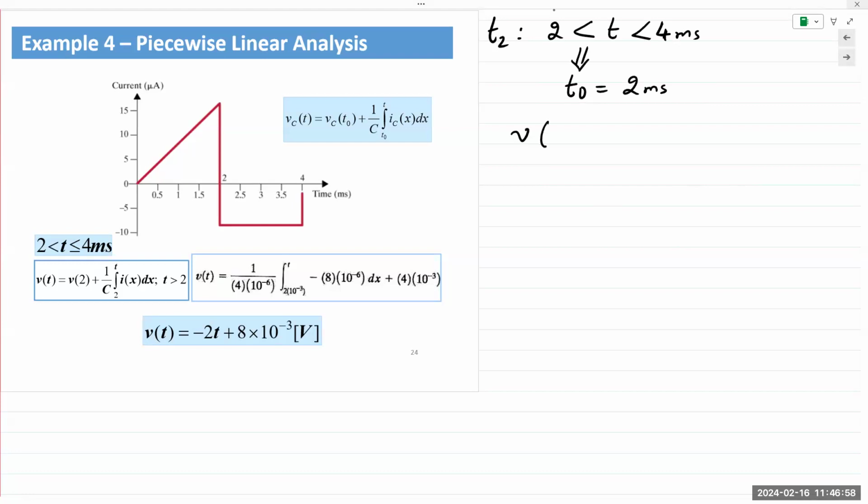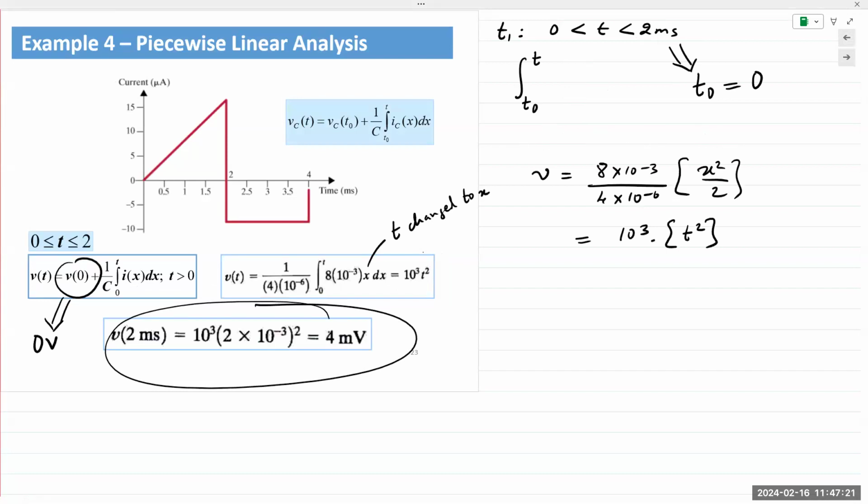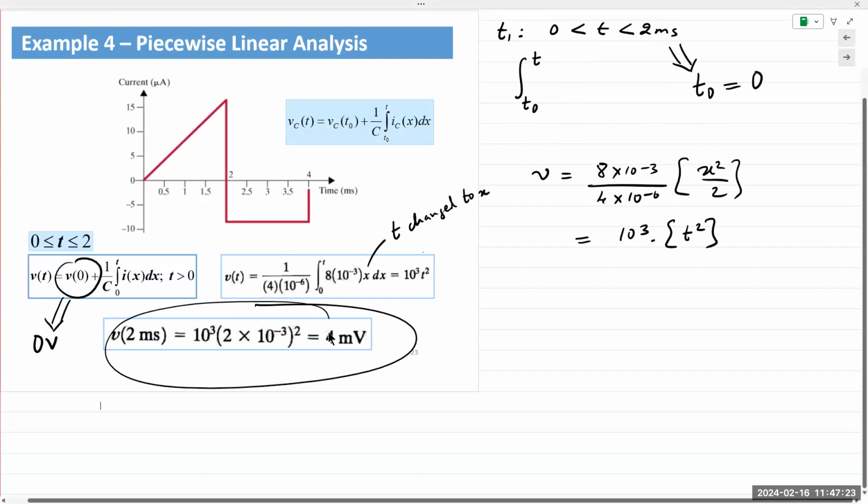And then voltage at time t equals 0 is the voltage at time 2 milliseconds. And the voltage at time 2 milliseconds was given by the expression in the first time period. So I plug in t equals 2 milliseconds in my equation, and I obtain a value of 4 millivolts.